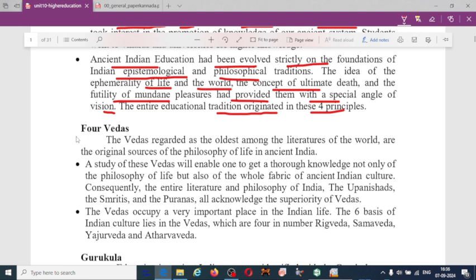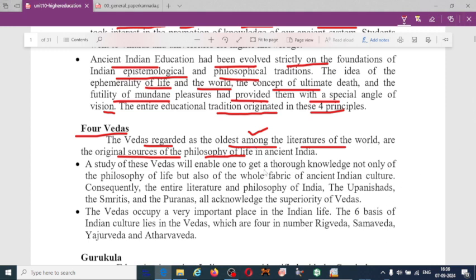That is what we call the four Vedas. Vedas, regarded as the oldest among the literature of the world, are the original source of the philosophy of life in ancient India. Across the entire world, the Vedas are regarded as the oldest literature and original source of the philosophy of how we can live.